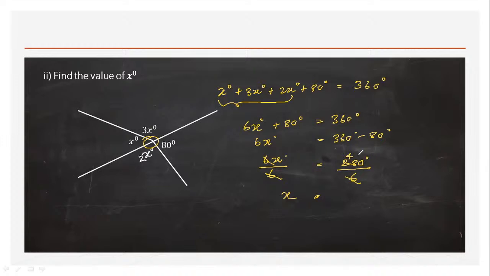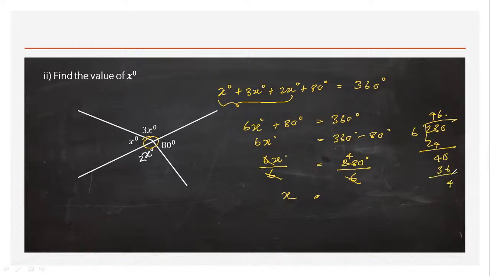For the remainder, 40, how many 6's? The decimal value is coming. 24. For the remainder, 40, how many 6's are there? 6 times 6, 36.